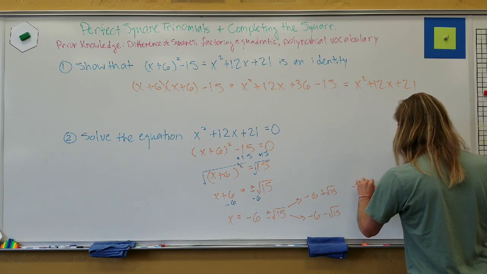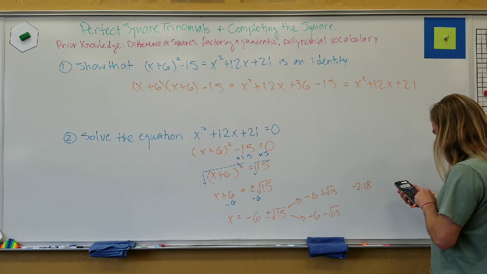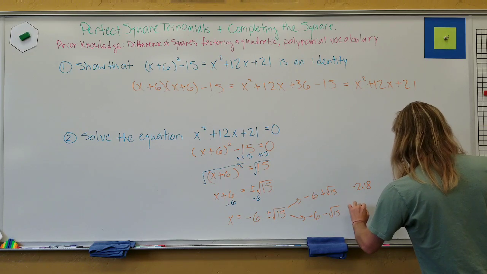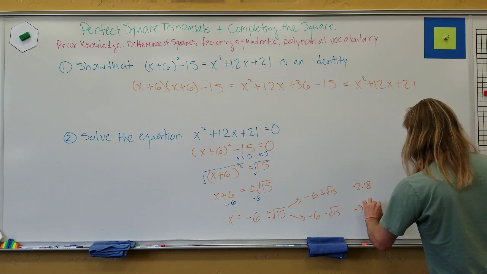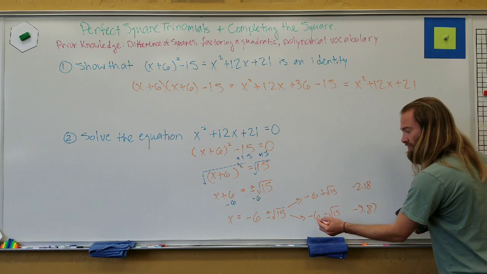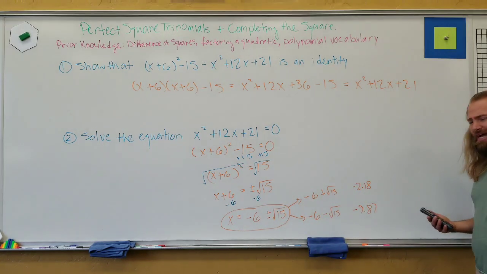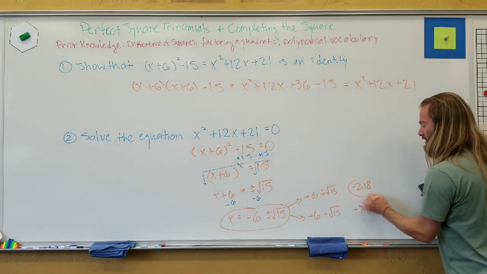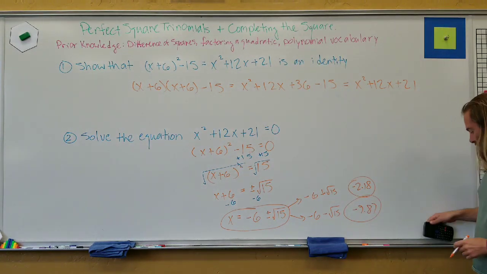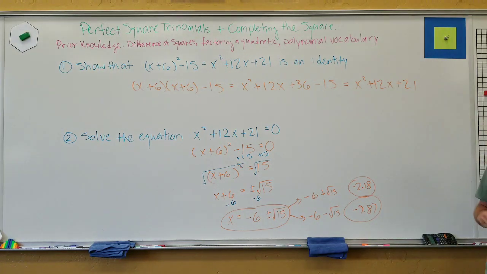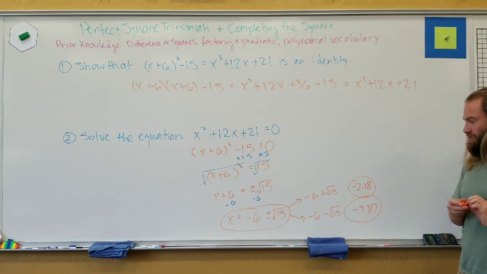And if I do negative 6 minus root 15, I get approximately negative 9.87. Okay, so these are really my solutions here. That's the best way or the most accurate way of expressing them. But if you want to see where they actually fit on the number line, then converting them to an approximate decimal is okay there.